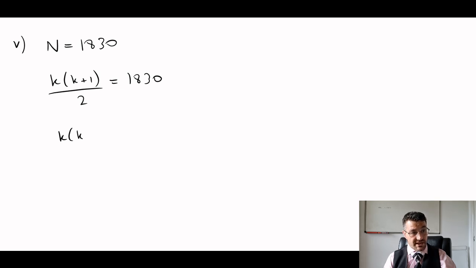So that means that k times k plus 1 is equal to 3,660. And this is where it's useful for you to be able to recognize square numbers and patterns within numbers.